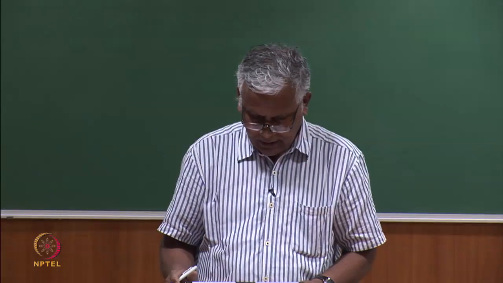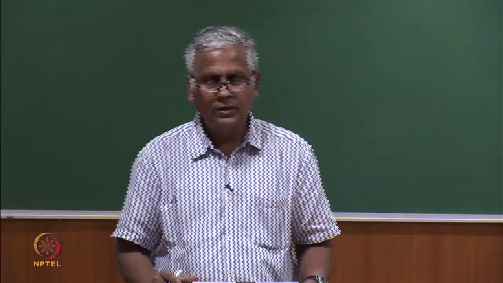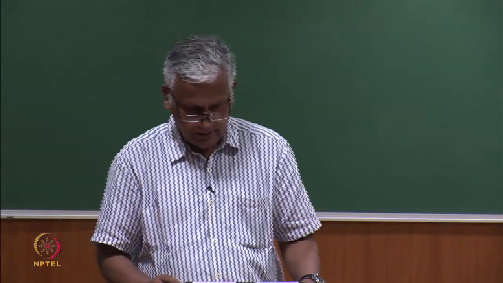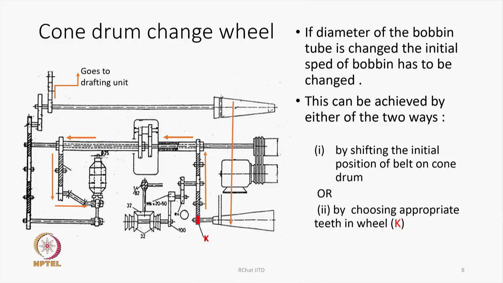Okay. The other change wheel that is required is the cone drum speed change wheel. Cone drum speed, that is basically the top cone drum speed and bottom cone drum speed, these two speeds are there, two cone drums are there, and cone drum speeds can be changed by the wheel K. When you need to change it, let us look at this first.